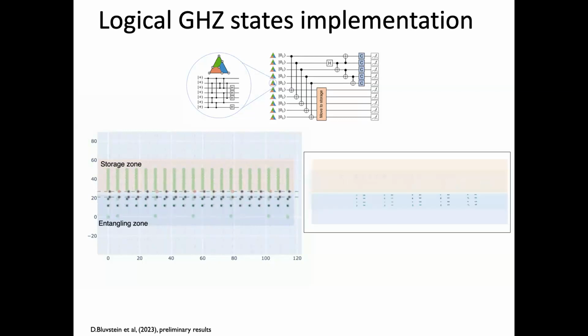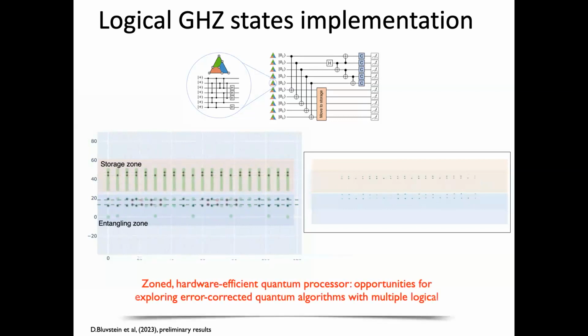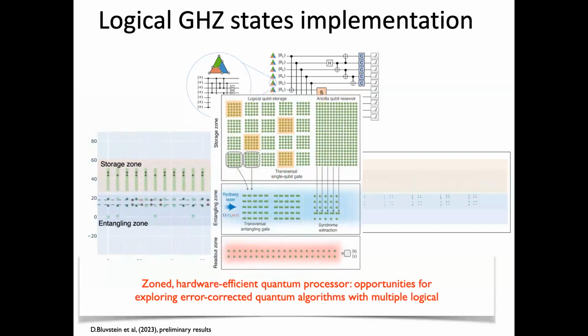Actually, this is a movie done with the experiment's qubits, and you can maybe get a little bit of the feeling already that what is really emerging is the full processor architecture. It's a zoned approach where you have some stored logical qubits, some fresh ancillas, some gate zone, and some readout zone.